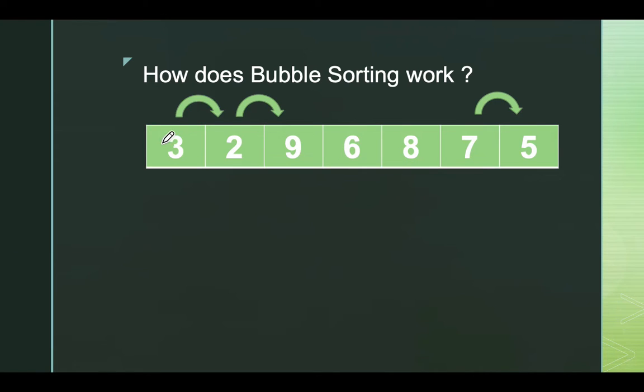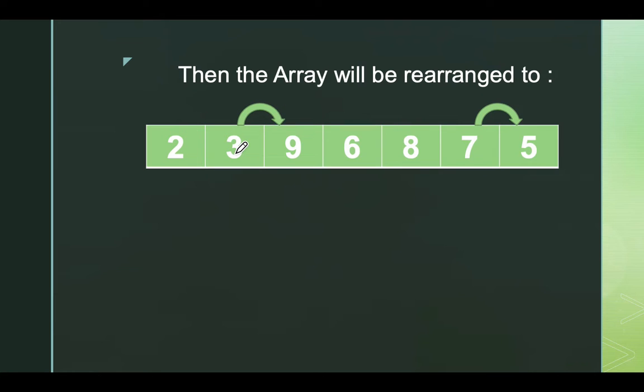First the computer is going to compare these two starting numbers. Since 3 is greater than 2, it's going to swap these two values, and then we have an array that is rearranged like this.